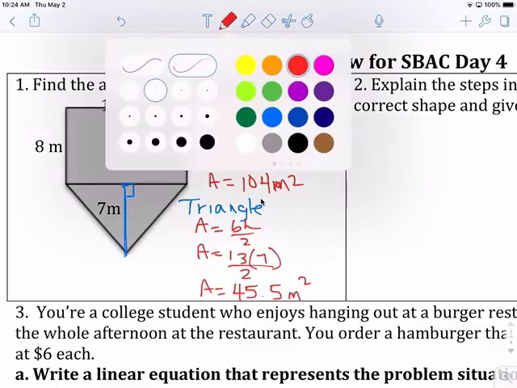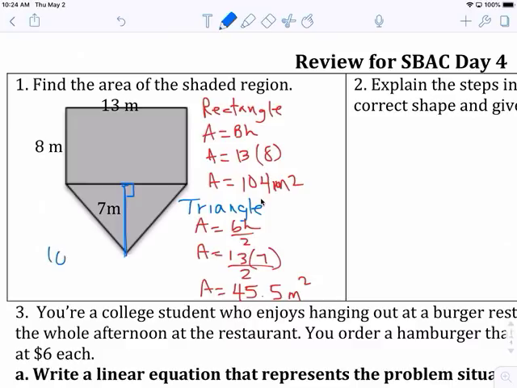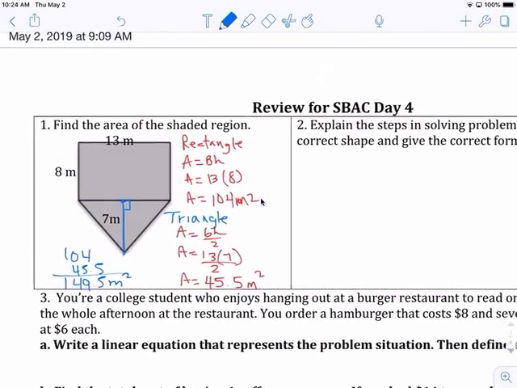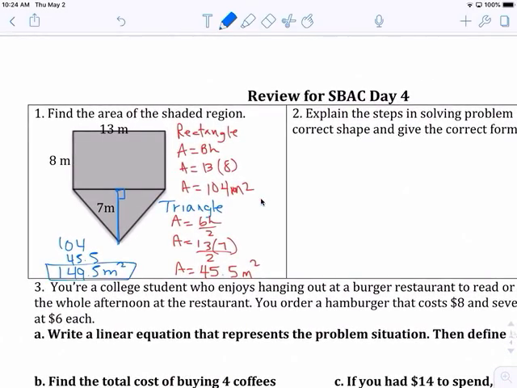Add or subtract, Janelle? You add because they're combined. They're colored in, right? So you get 149.5 meters squared as the total area.